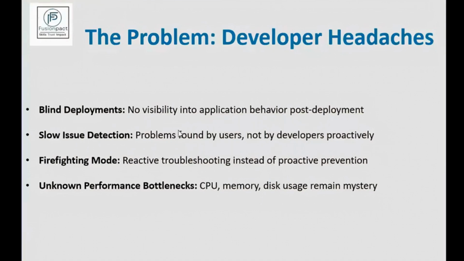There is also the issue that a problem is picked up when the user detects it, and the developer is not proactively able to detect the problem. Once the problem is detected, the developer has to go through major troubleshooting on the servers. He has to read the log files and everything.